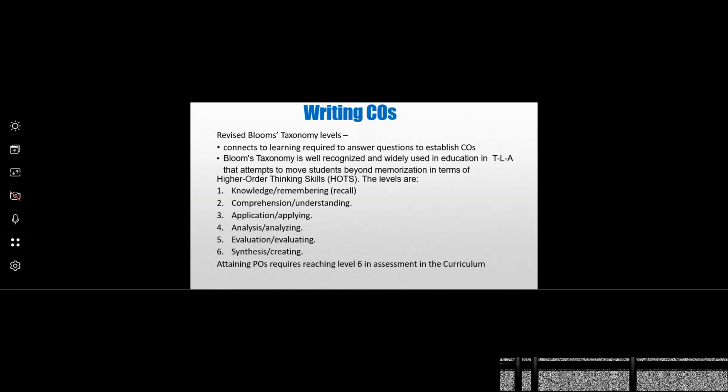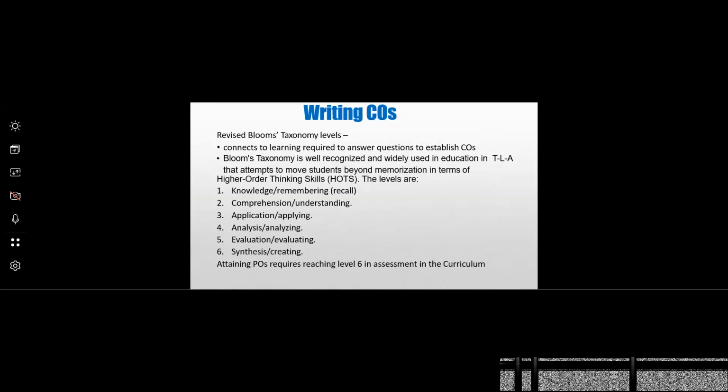Suppose some data is given and we need to do the analysis; that is the fourth level of question paper, the fourth level of Bloom's taxonomy. The fifth one is evaluation, and the sixth one is creating, synthesis or creating.